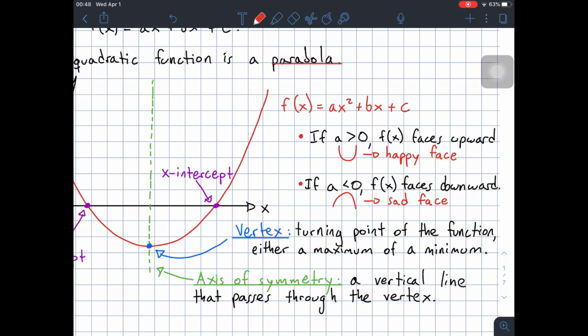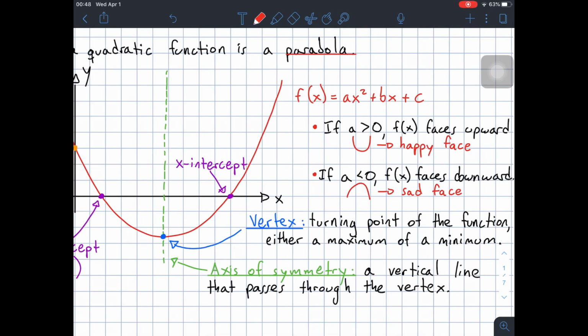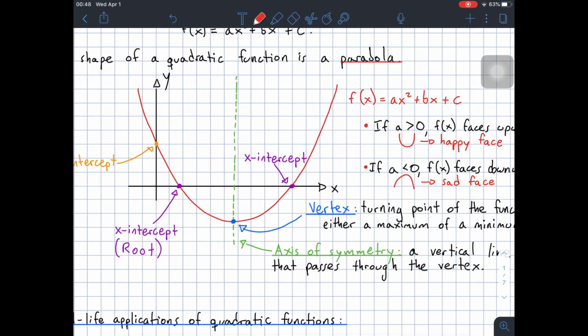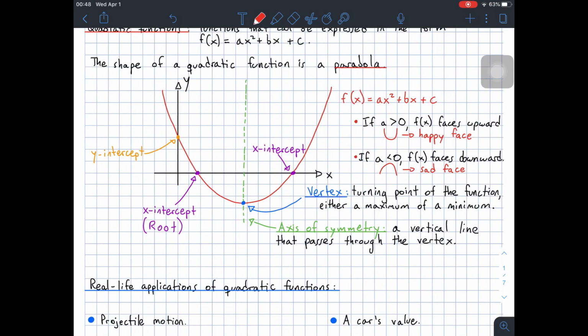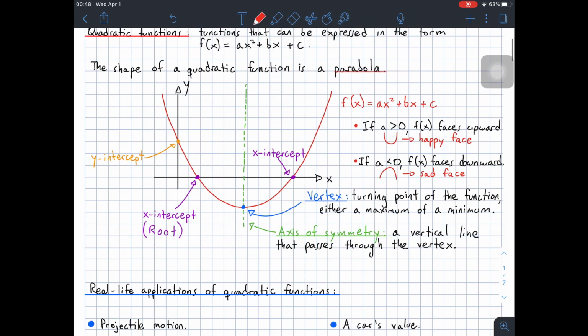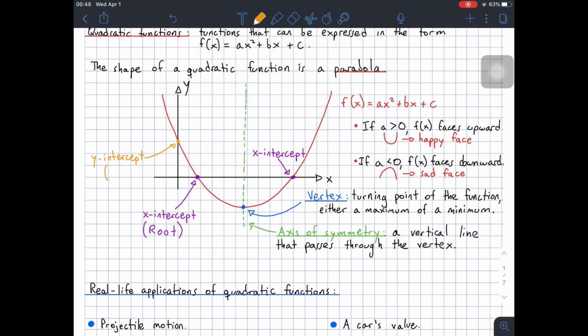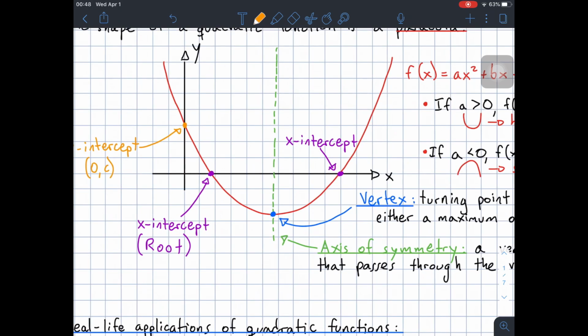Okay, so same thing as a linear function, the letter c in a quadratic function represents the y-intercept. That's when the parabola crosses the y-axis, right? Okay, so maybe I should write that here. Y-intercept is (0, c).